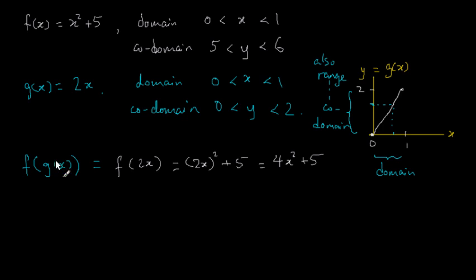Now the g(x), if you remember, goes into the x value for the function f. But you see from the range of g(x) that the range of g(x) is between 0 and 2. So it's possible for g(x) to give values up to 2.